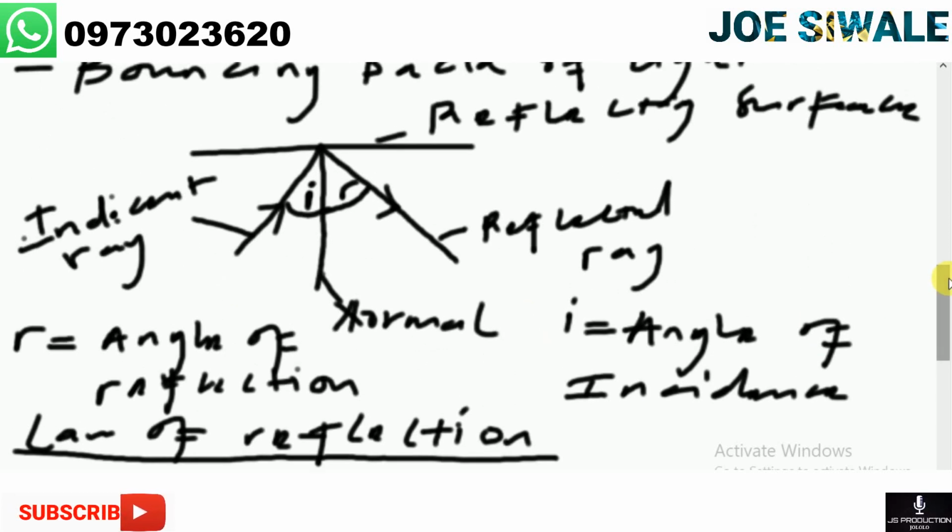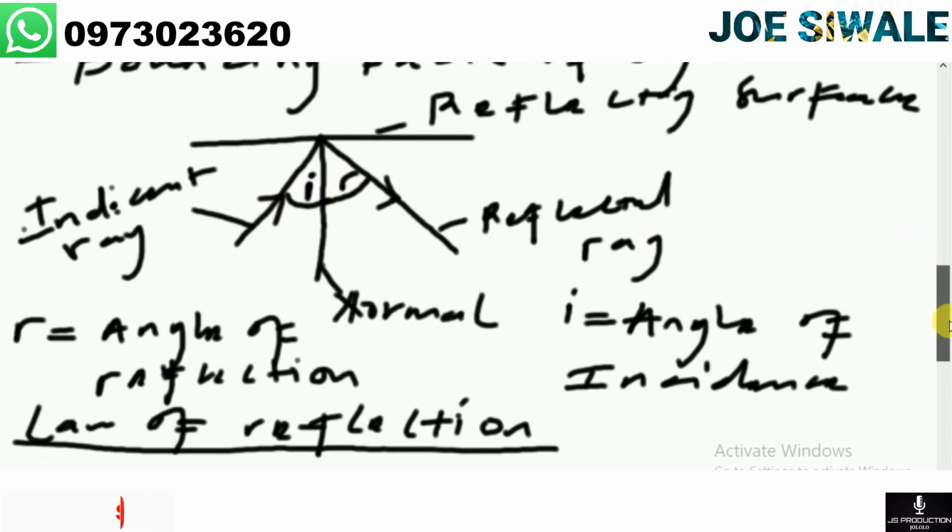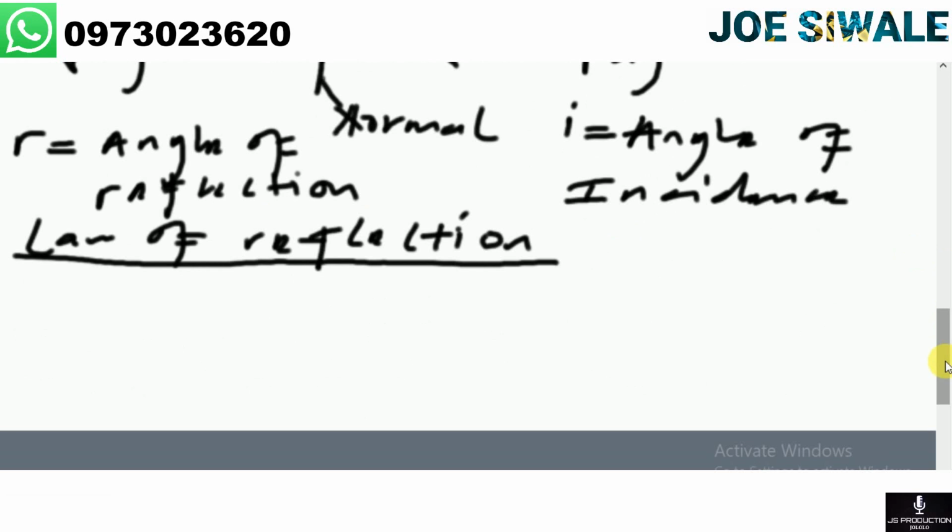So the angle here and the angle here, they are always equal. So I've said the angle of incidence and the angle of refraction are always equal. So we can say I is equal to R. But when you're giving it in the exam, make sure you write the whole statement.